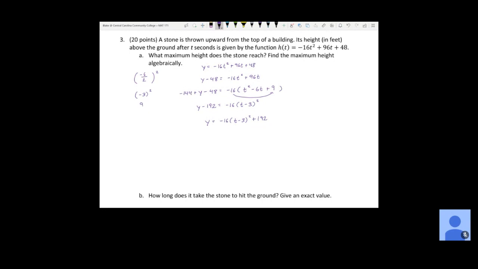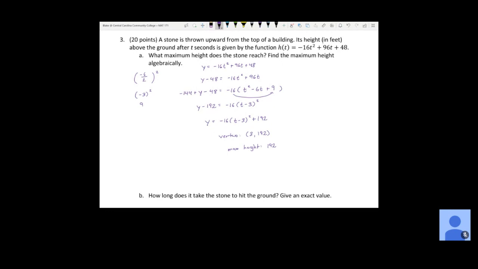So what's our maximum height going to be then? 192, good. So our vertex itself, remember, would be positive 3, 192. But in this case, 3 would be the time, 192 would be the actual height. So our maximum height is going to be 192.